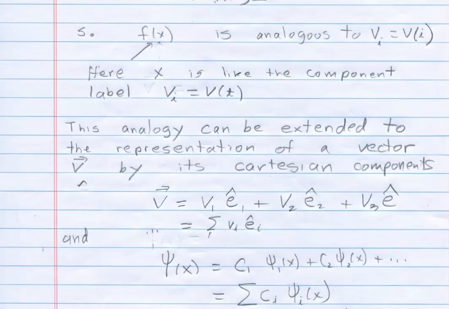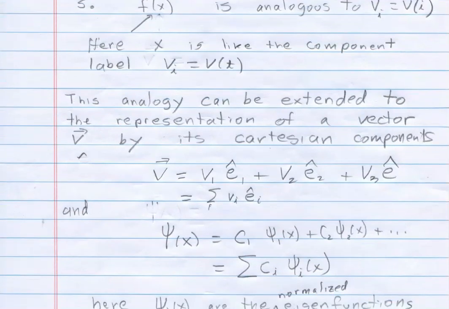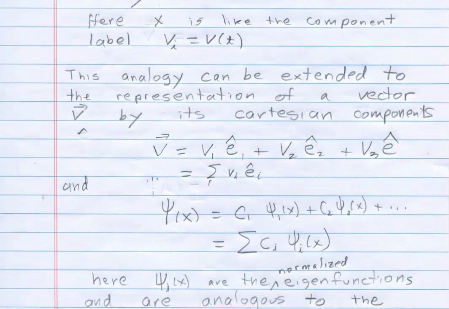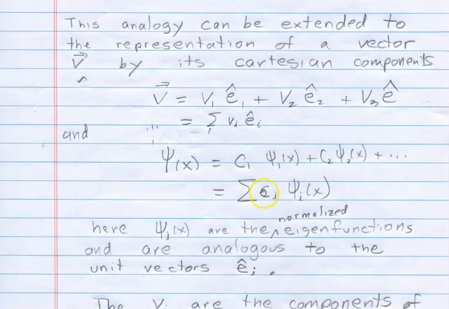This analogy can be extended to the representation of a vector by its Cartesian components in the following way to the wave function. Remember, we had a general wave function that could be expanded on a set of orthonormal basis functions or eigenfunctions, psi1, psi2, psi3, psi4, etc. And we did this multiple times.